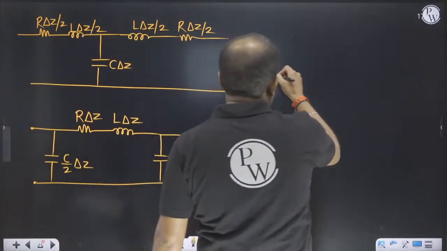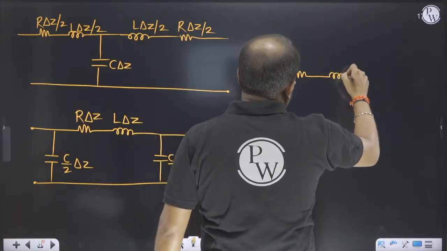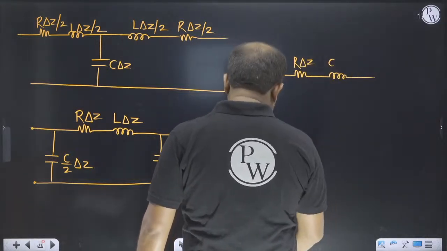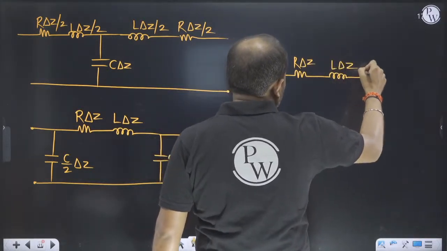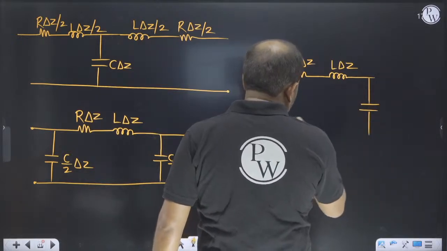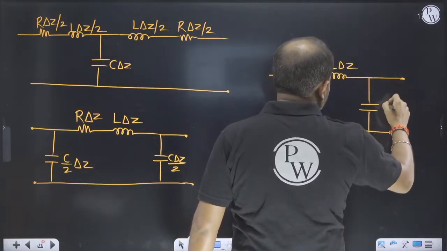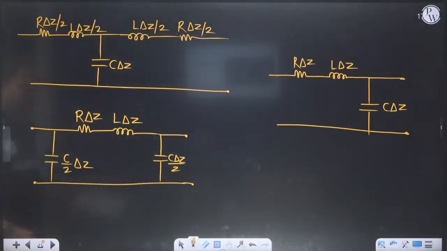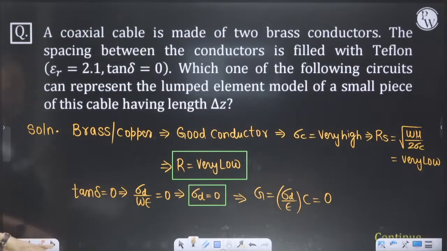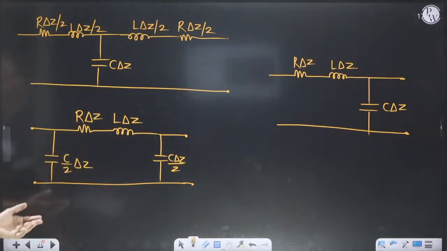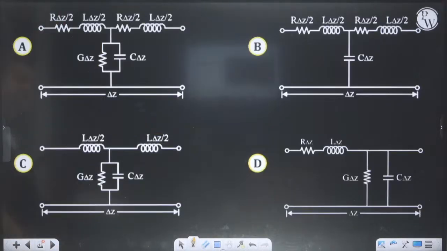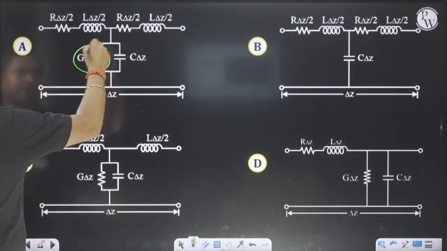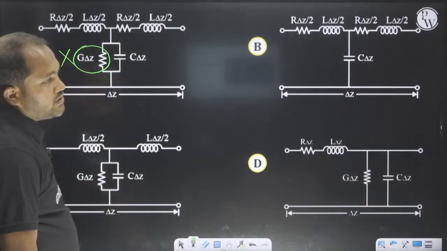In case of L network, R into delta Z and L into delta Z, and G is 0, so only C will be there, C into delta Z. They are asking which type of diagram it is representing. In this option, G should not be present, so this option is wrong.